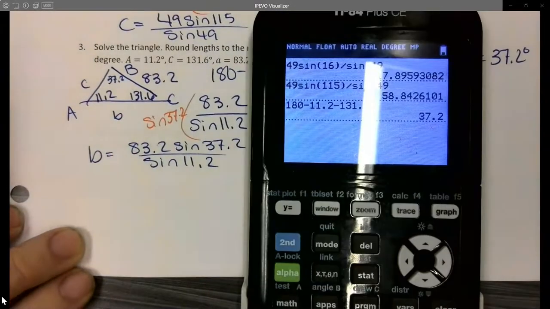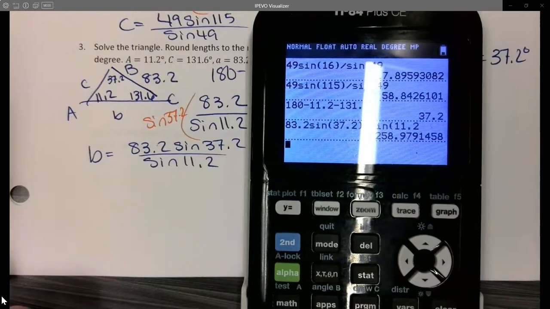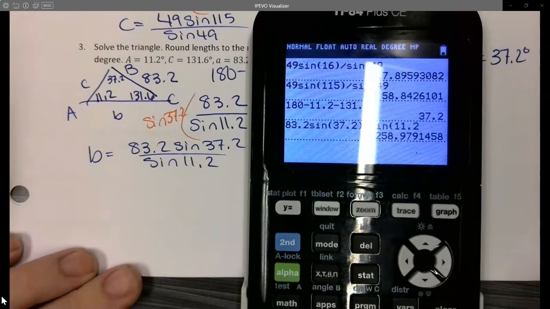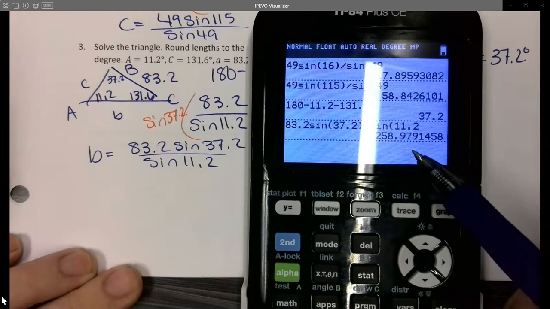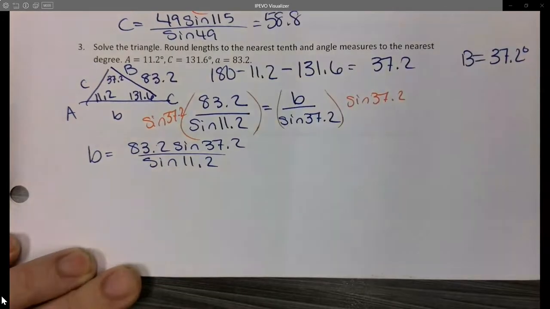Then I want to type that into the calculator, which gets me 258.9, this would round up, so it's actually going to be 259.0.